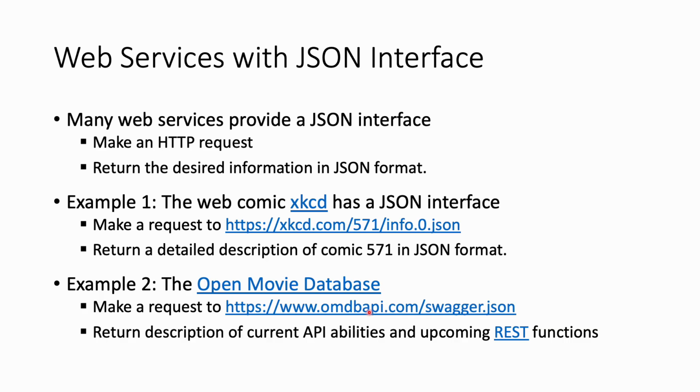It will respond with a description of the current API abilities and upcoming REST functions. Note that a RESTful API is an architectural style for an application program interface or API that uses HTTP requests to access and use data.